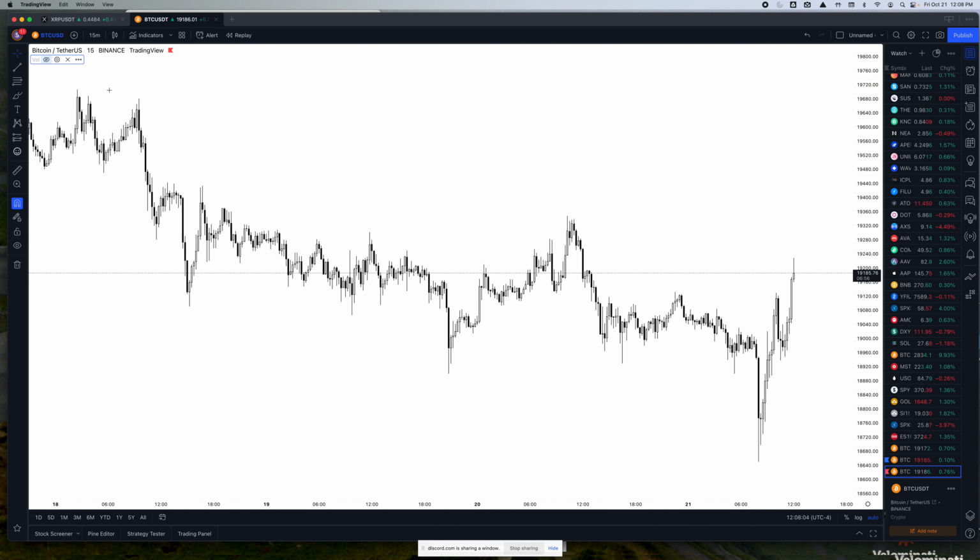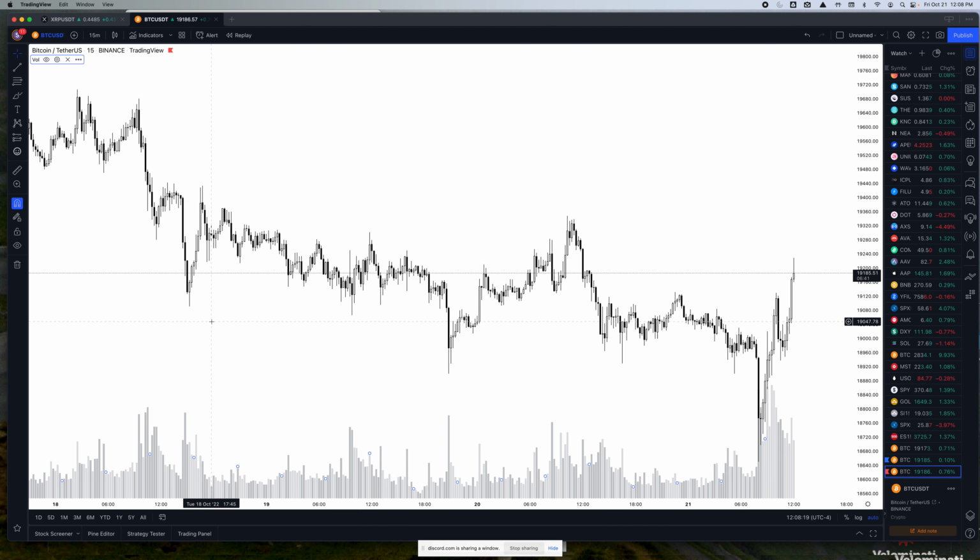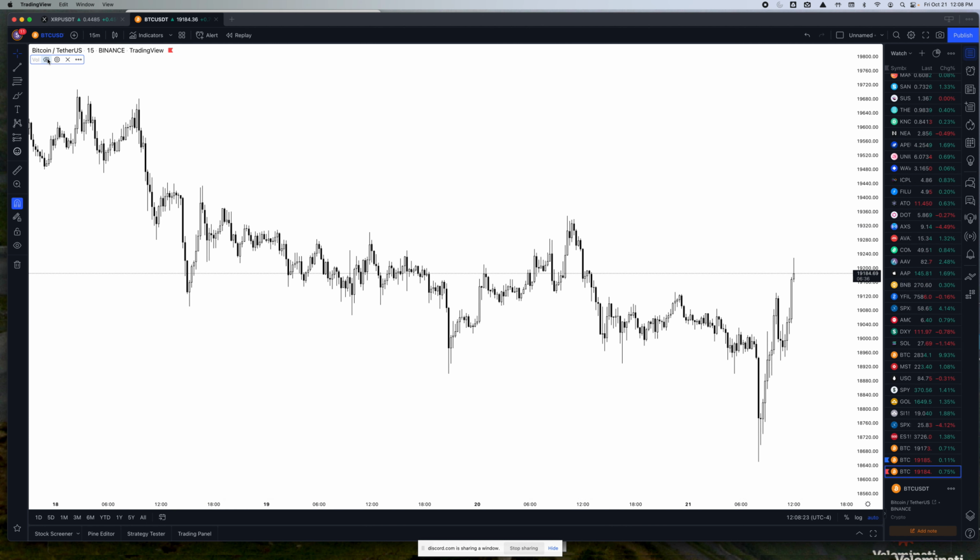So when I'm looking at charts and price, I want to make sure that I can see the price, right? The total volume is important to me, especially on the lower time frames, but not really as important.